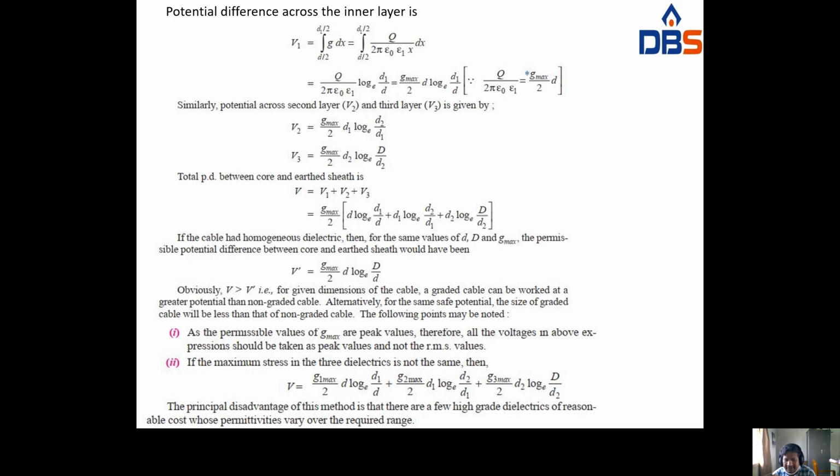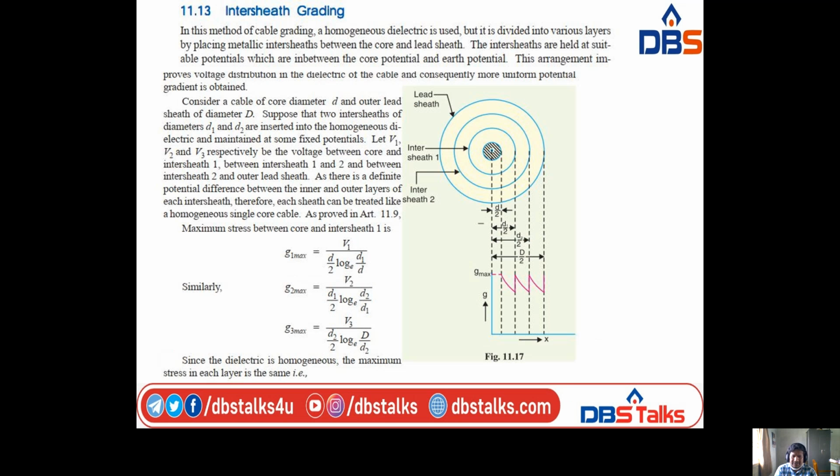The main disadvantage of this method is that there are few high-grade dielectrics at reasonable cost whose permittivity varies over the required range. Now, the other one is Inter-Sheath grading. In this method of cable grading, a homogeneous dielectric is used.